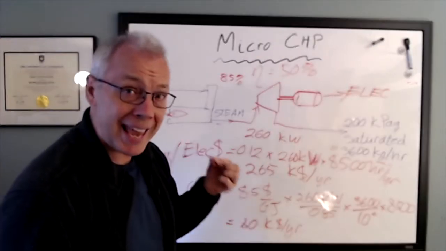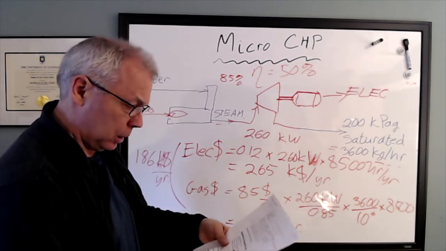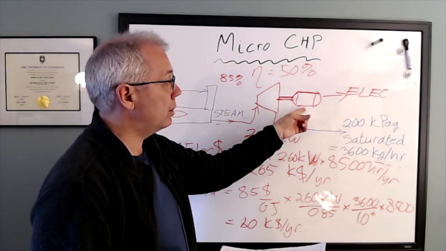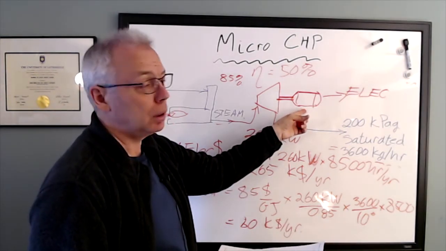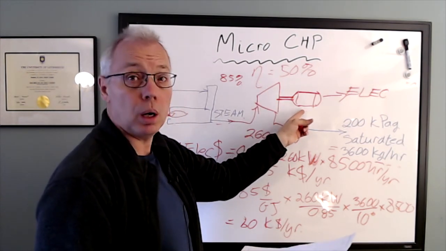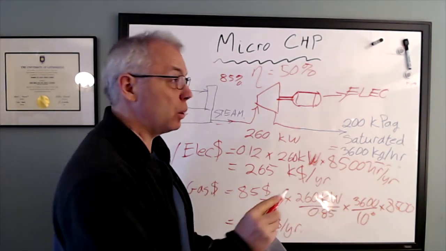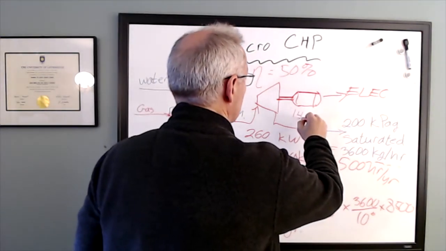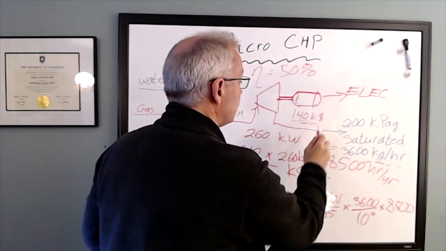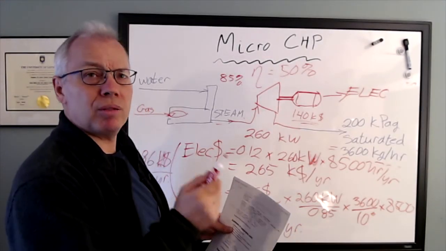Now, as far as the capital cost goes, what's this thing worth? Well, I don't have any costs for power generator, but I know what a motor is worth. And I know that a 260 kilowatt motor is about $140,000. And I know that a steam turbine is about half the cost of a motor.